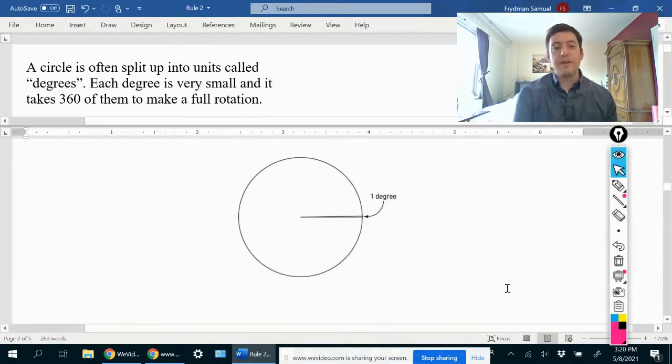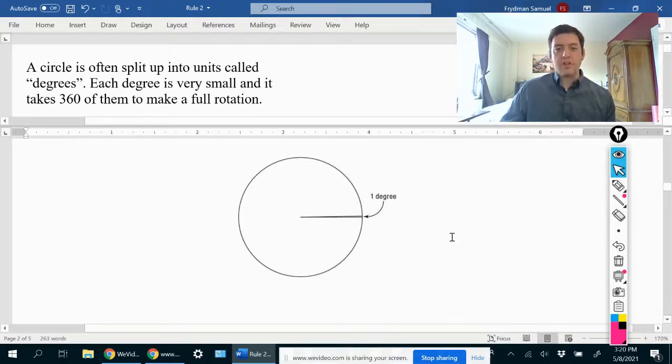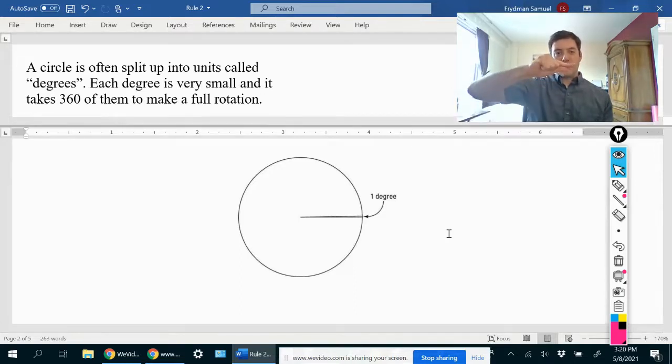is often split up into units called degrees, and we've been talking about degrees. Each degree is very small, and it takes 360 of them to make a full rotation. Okay, so 1 degree, just 1 degree. Remember, when we're measuring angles, what are we measuring? We're talking about the rotation between 2 lines. Okay, so here, my 2 fingers, there's not much rotation between them, then I can rotate this finger a little bit more and then rotate a little bit more.